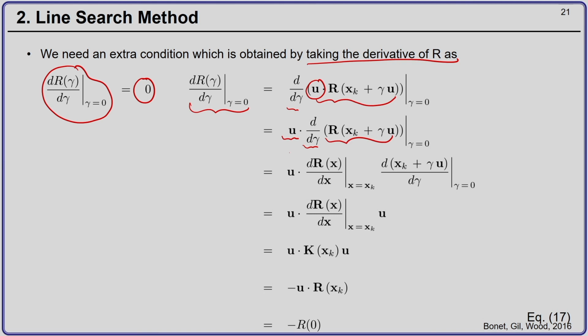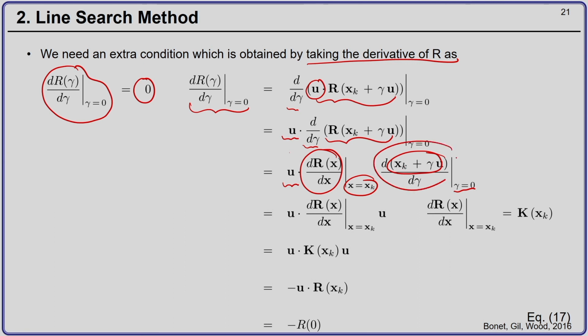Now, using the chain rule I get u dot dR by dx evaluated at x k into d by d gamma of x k plus gamma u, evaluated at gamma equal to 0. Only the second term has gamma, so it reduces to u.